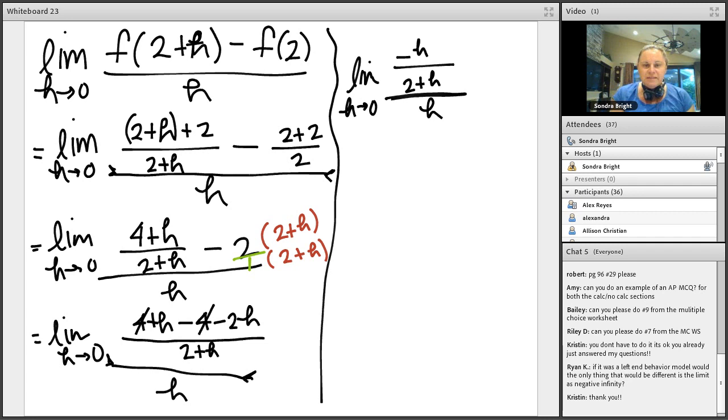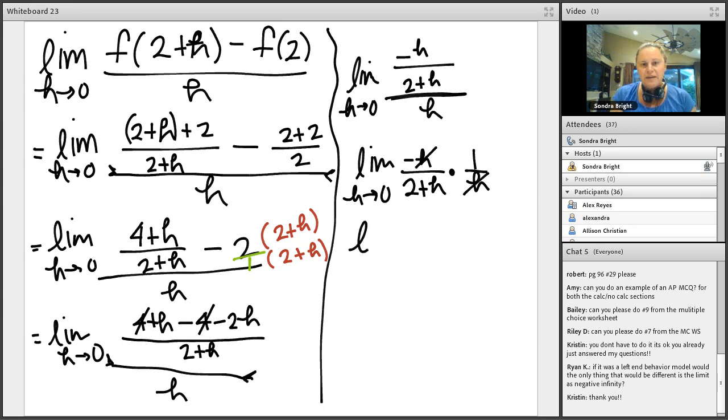I'll rewrite this so it's more obvious that the h's are going to cancel. The h in the denominator had better cancel completely, or else you've done something wrong. Dividing by h is the same thing as multiplying by 1 over h, so I write it like that so it's more obvious the h's have canceled.